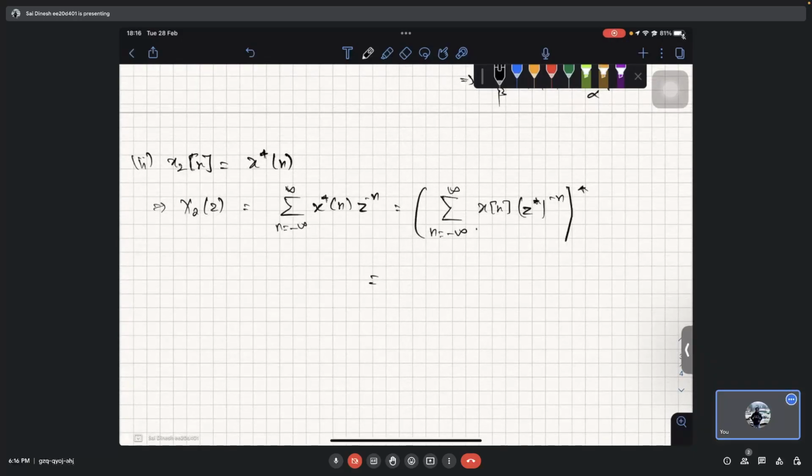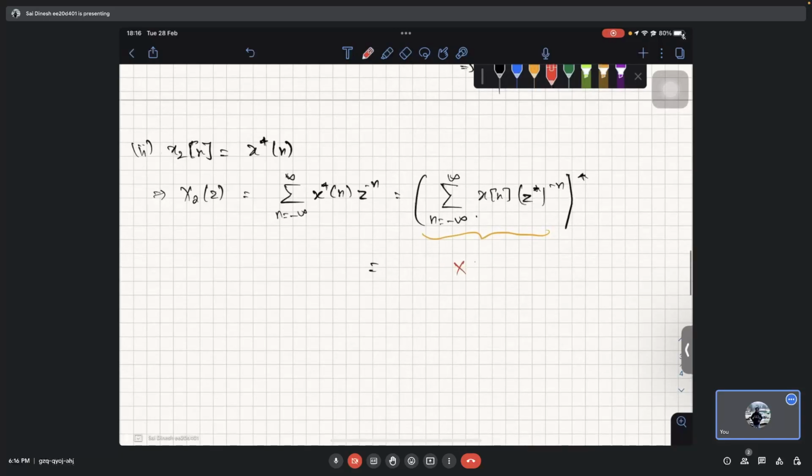Now this here is X(z*), and then we have a whole star, which implies X*(z*).